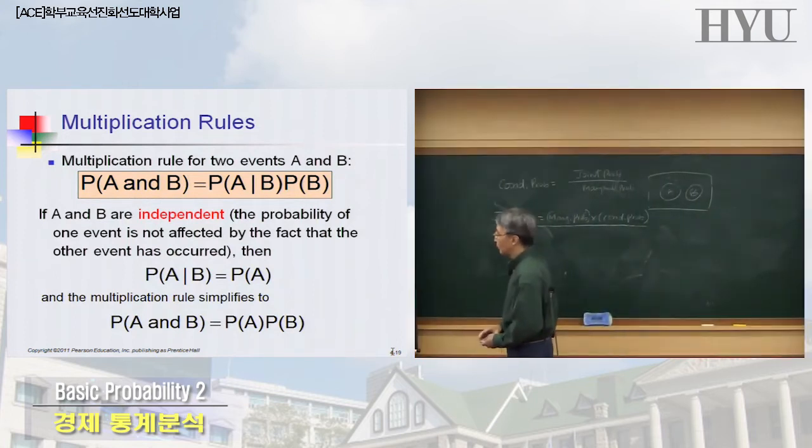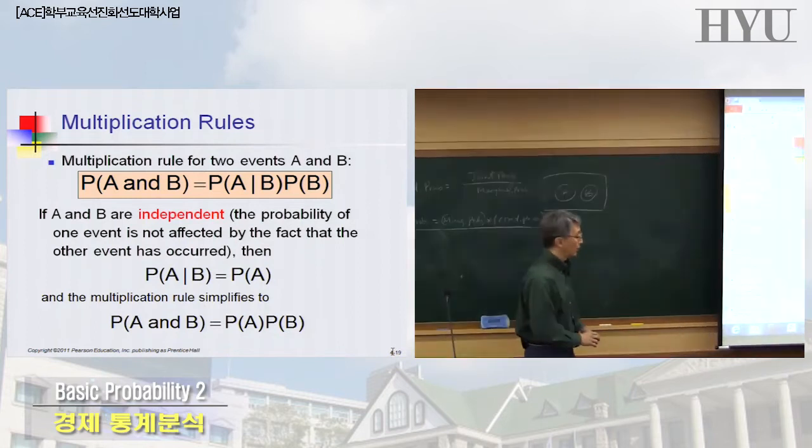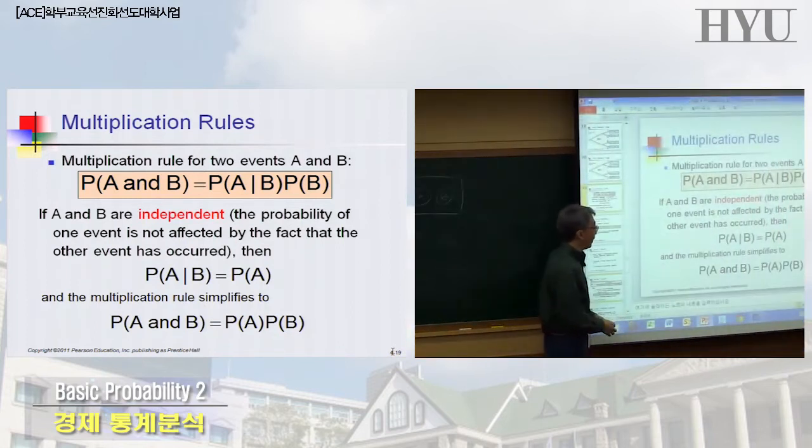If there is a special condition, it's called independence. Here's a new concept in this chapter, independence. If A and B are independent, what that means is the probability of one event is not affected by the fact that the other event has occurred.